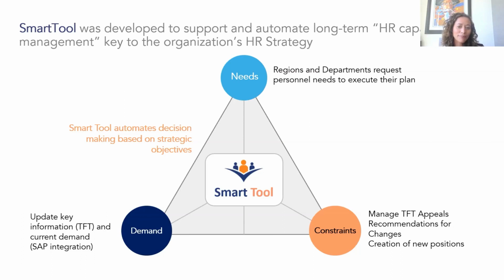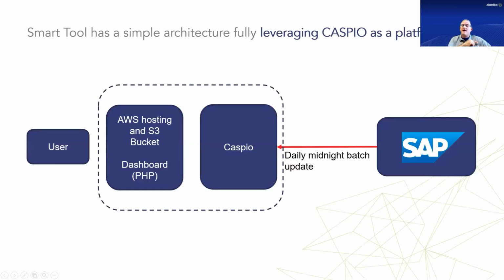Thank you. Yeah. So now, the next slide is a little bit the technical side of what Mariam said. So Mariam just explained what the tool is trying to balance, and this is true for everybody: needs, demands, and constraints. This is something that we all have to manage in every organization.